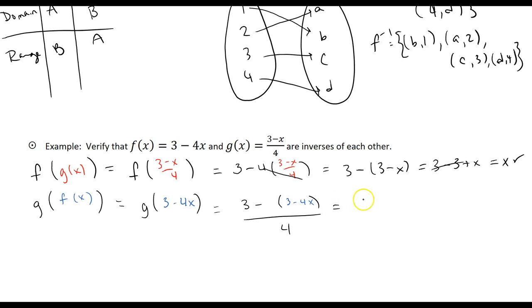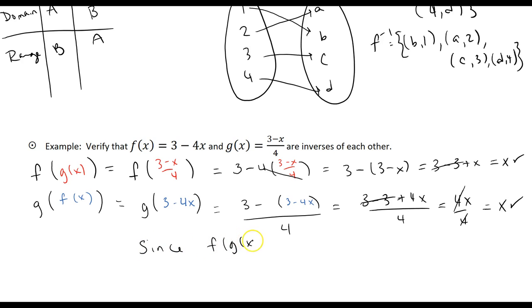So again, I'm going to distribute, so I have 3 minus 3 plus 4x divided by 4, or 4x over 4, or x. So since we have f of g of x equals x and g of f of x equals x, we can say that f and g are inverses of each other.